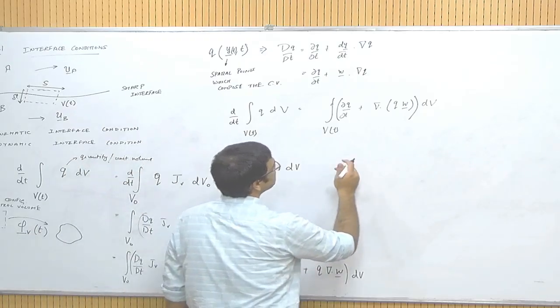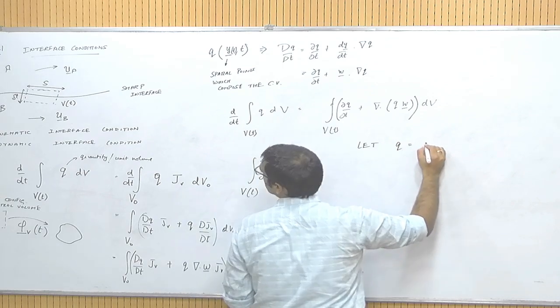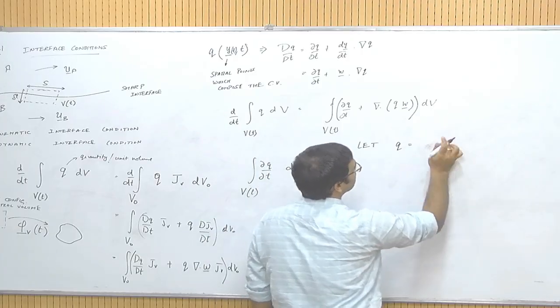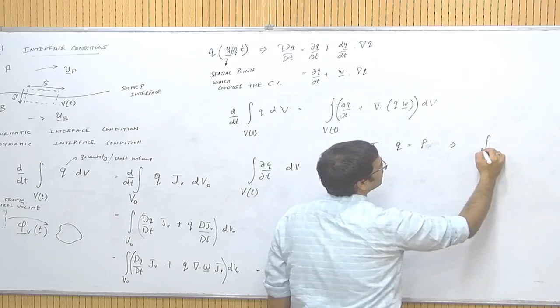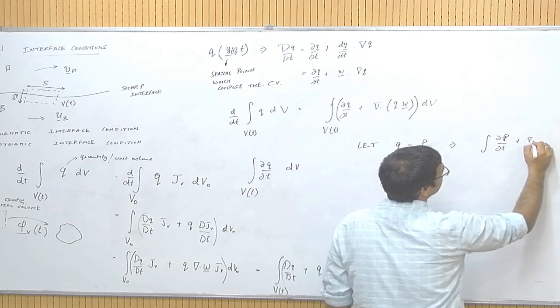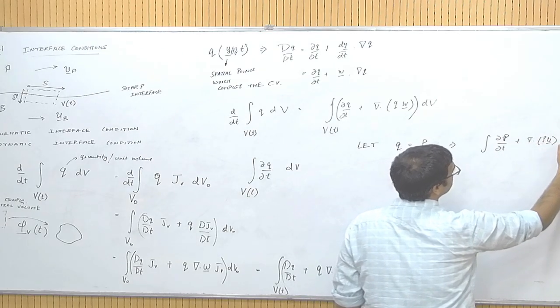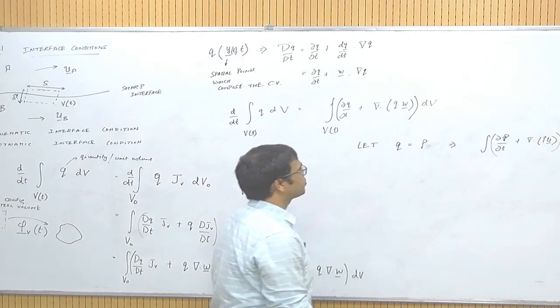How? Let q be rho. In that case, we know that del rho by del t plus del dot rho u dV, where u is the fluid velocity, is actually equal to 0.